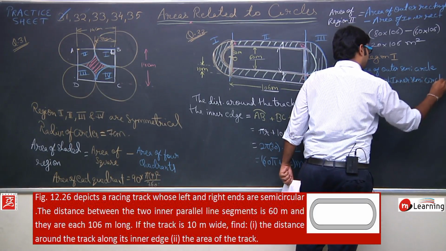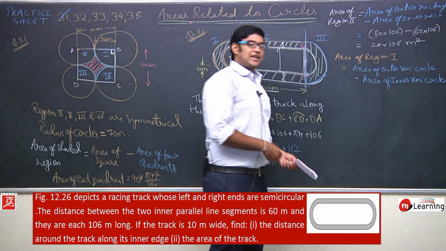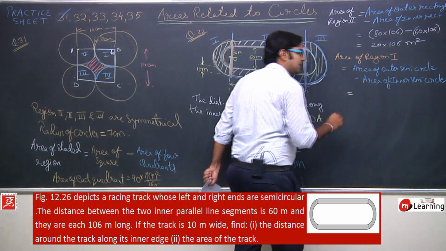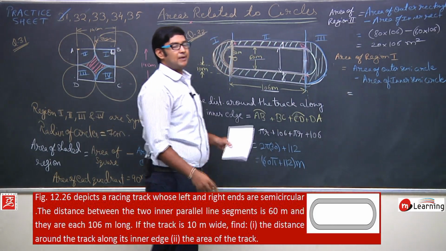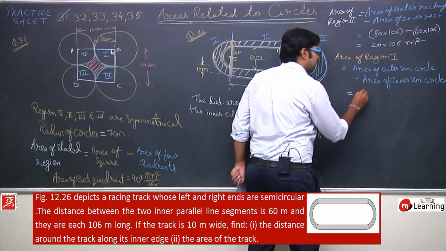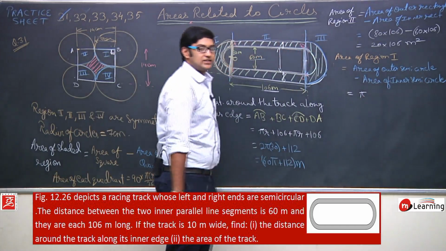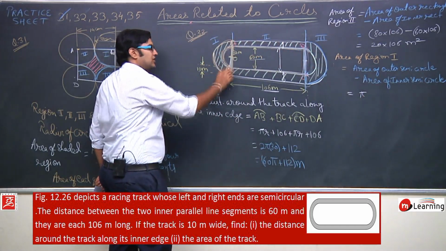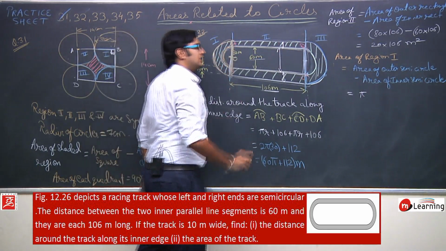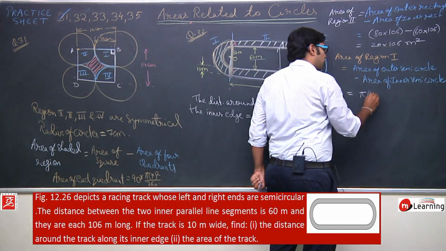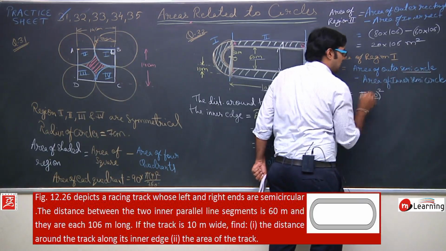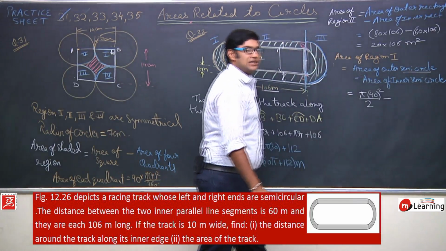Okay. Now what is the area of outer semicircle? It will be equal to half of area of circle, that is pi r square upon 2. So area of outer semicircle is pi times, now what is the radius? Just now we have determined, the diameter is 80, so radius will be half of this, that is 40. So pi into 40 square divided by 2, because it's a semicircle, minus area of inner semicircle.